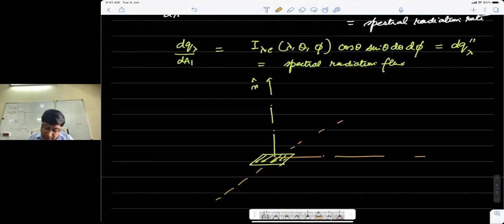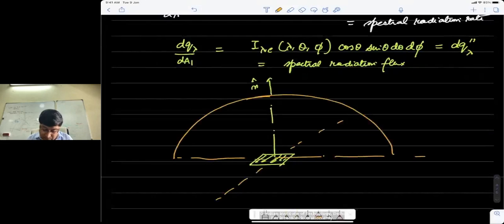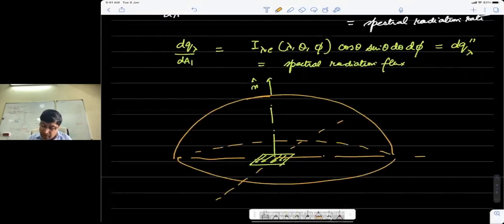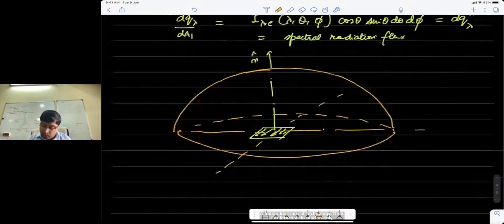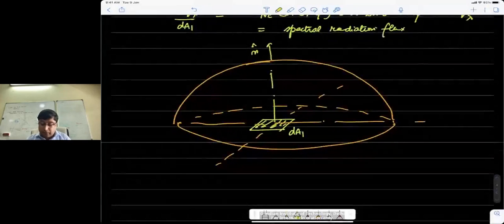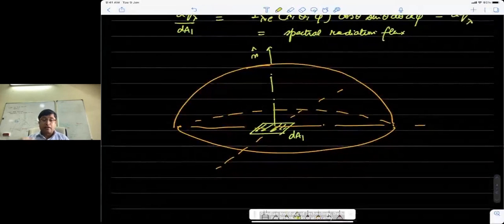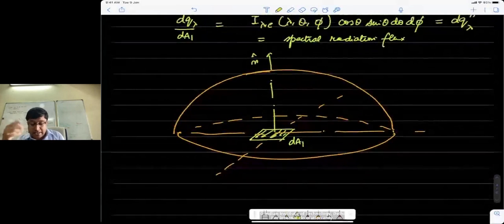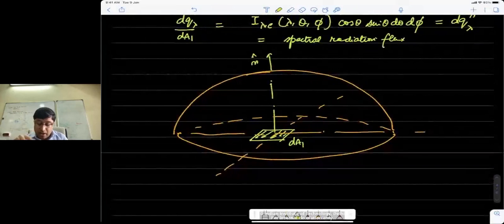If we define a hypothetical hemisphere, we'll have something like this about this area dA1, and I'm interested in knowing only how much flux is leaving. I'm not interested in how much is being received or at what distance it is being received. That is not important right now. How much flux is leaving from this body in all directions.